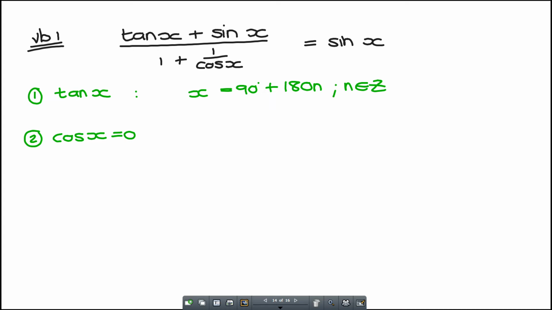Is julle reg? Okay. Nou kan ek gou eers daar klaar werk? Of moet ek net gou vir jou sê wat die derde dingetjie ook is? Die derde ding is, hierdie is mos 'n groot breek. En wat is my noemer daar? Hierdie hele ding. That whole thing is my denominator. So that I also have to do.